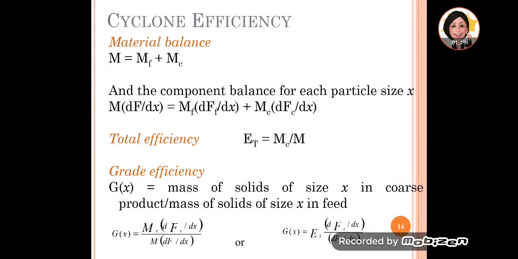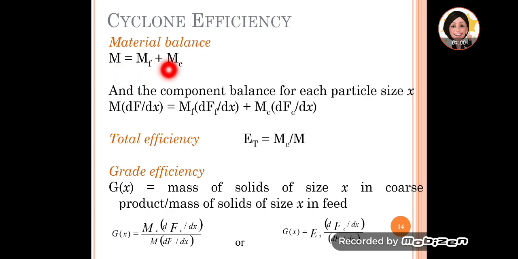Okay, let's look into the cyclone efficiency. The total material that is found in a cyclone is the total of fine product and coarse product. This is the total solid mass that is found in the solid exits.